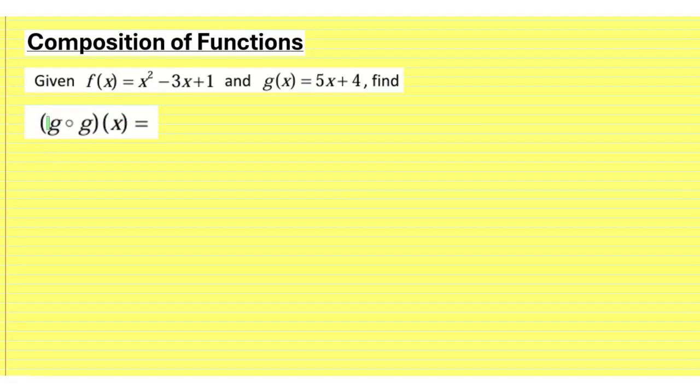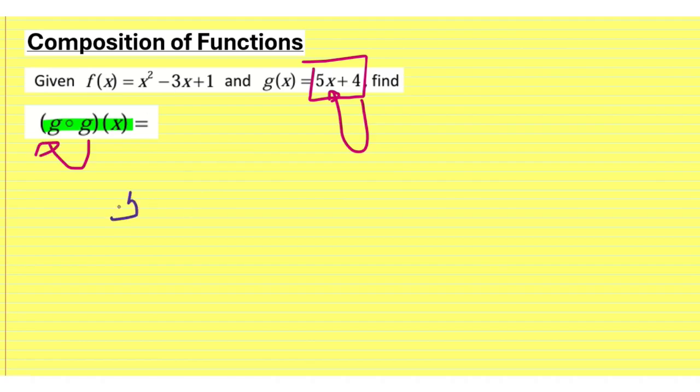Okay, our next one says we're going to do g of g of x. So that means I'm going to take the g function and put it inside the g function. Okay, so that means I'm going to do 5, and then where the x is, I'm going to put the entire function, 5x plus 4.